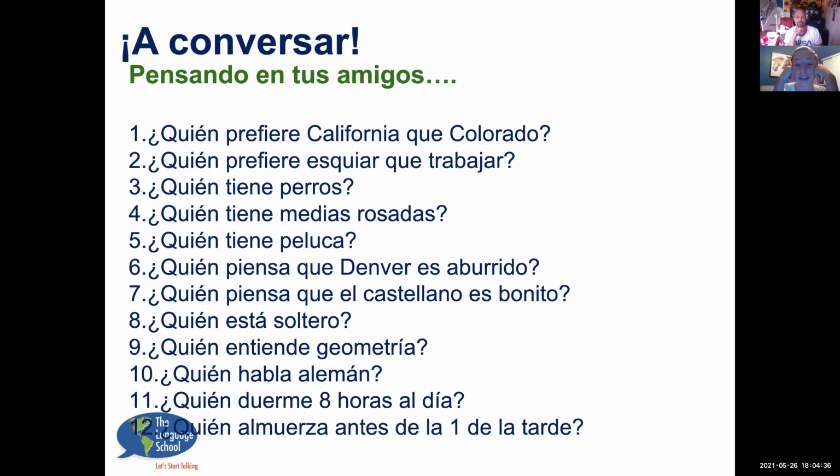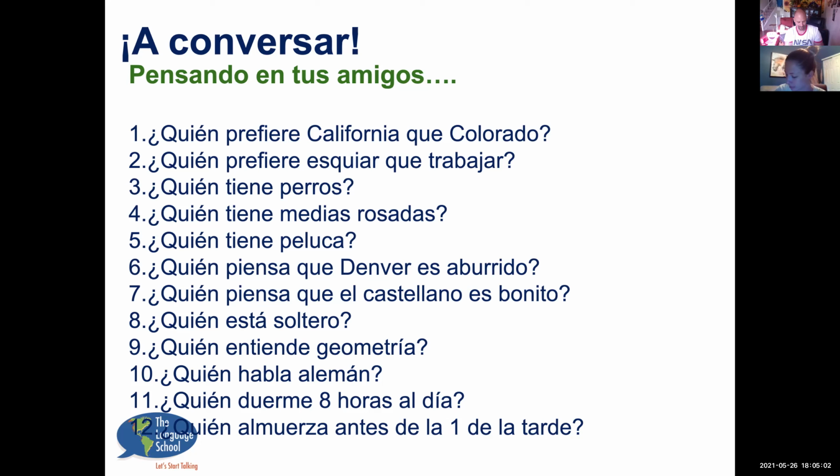Oh, so it's another way of saying socks. Yeah, it's kind of country specific. In some countries, I guess it could also mean stockings. Mi amiga Hannah tiene medias rosadas.